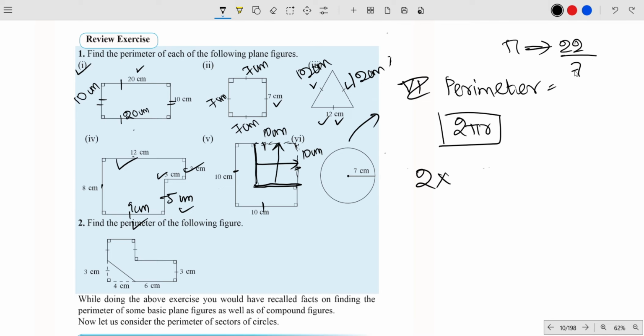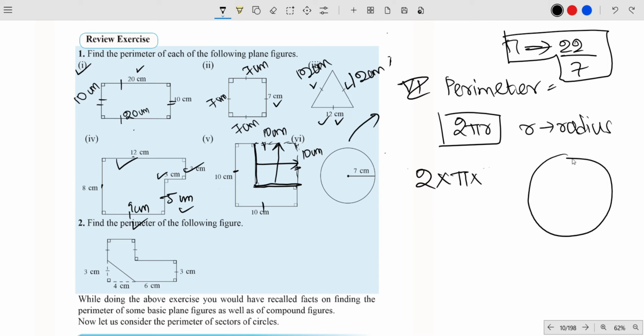Pi is equal to 22 over 7. This will never change. So 2 into pi into r, where r means the radius of the circle. When we draw a circle, there is the center and the arc, the circumference, right?